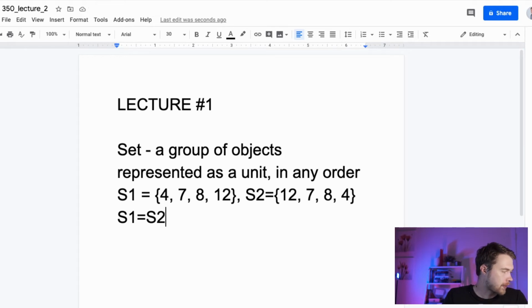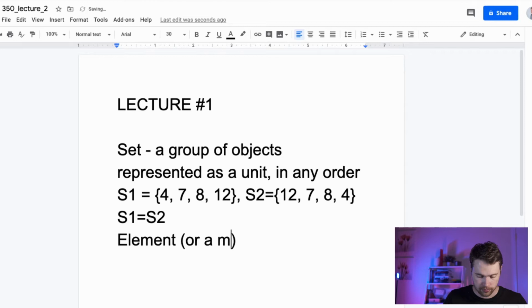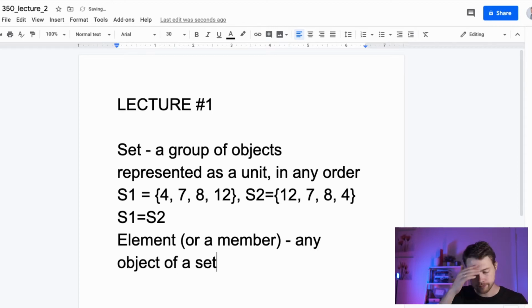Hope it makes sense. Okay, now what is an element? An element, or a member, would be any object of a set. For example, in our case, 7, right?